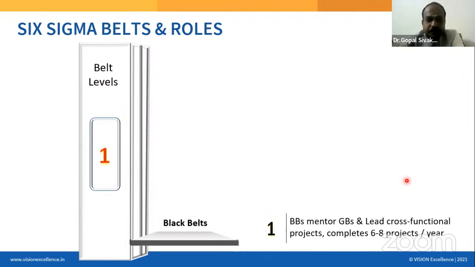A green belt is a part-time Six Sigma expert, meaning he will continue with his current daily role, plus work on improvement projects. But a black belt is a full-time Six Sigma expert, meaning he will be working on improvement projects, guiding the green belts, and working on operational excellence projects. A black belt is expected to complete 6 to 8 projects a year. However, a green belt is expected to complete a maximum of 2 projects a year.